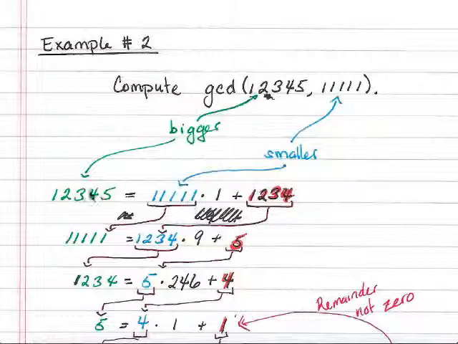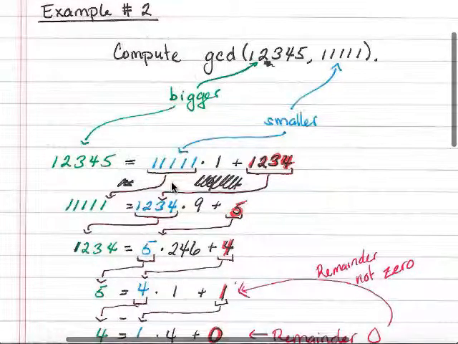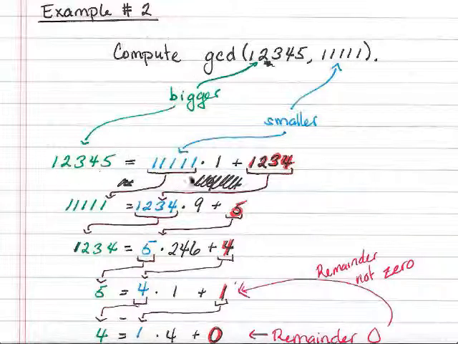How we got those numbers is this divided by this equals 1 with a remainder of 1,234. So, we always want to have bigger number equals smaller number times something plus the remainder.